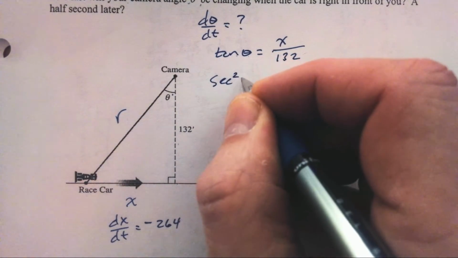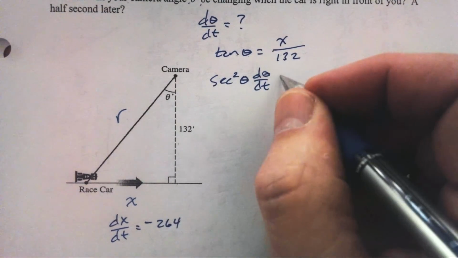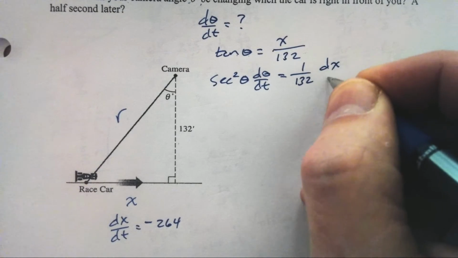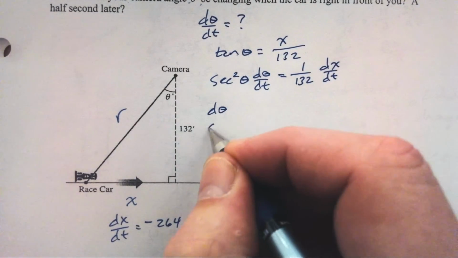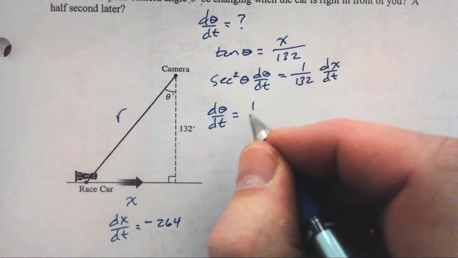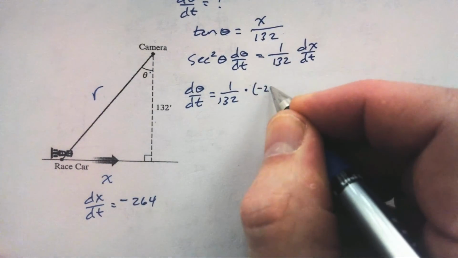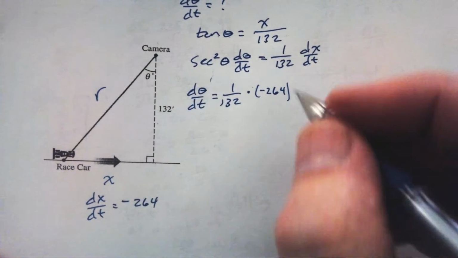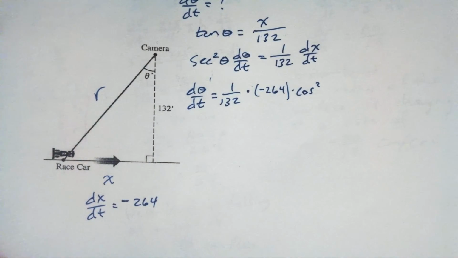So I get secant squared of theta, d theta/dt, let's not forget that, equals 1/132 dx/dt, and I get d theta/dt equals 1/132 times dx/dt, negative 264, either divided by secant squared or times cosine squared of, boy, it'd be nice if I knew theta.